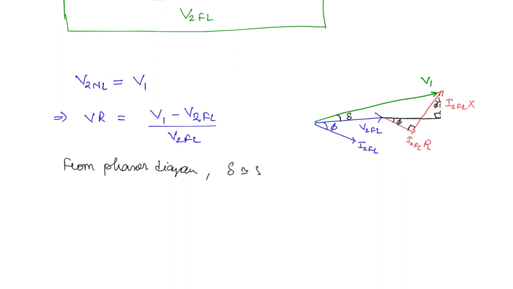Considering delta is very small, this implies that V1 is approximately equal to the full load voltage V2FL plus I2FL R cos phi plus I2FL X sin phi.